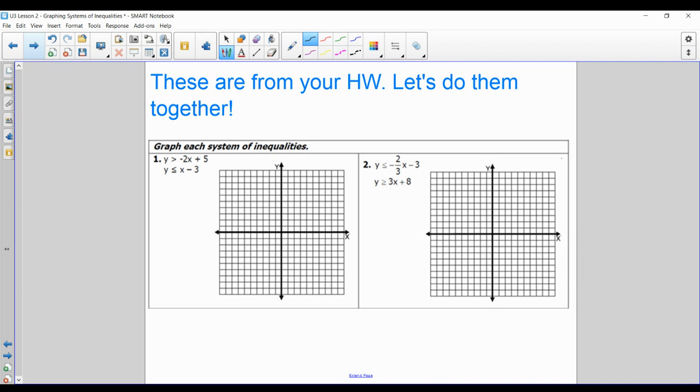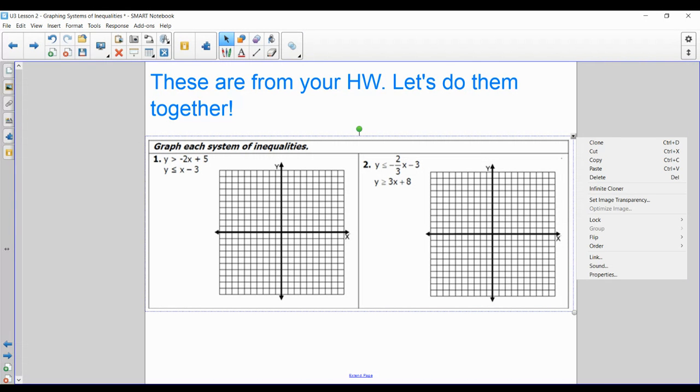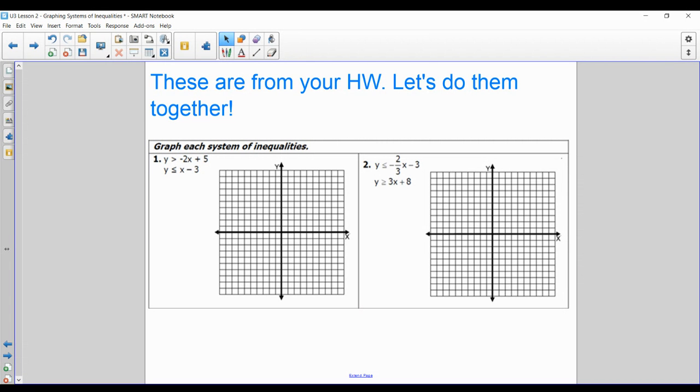Okay, now I'm going to show you, take a look at this. If I look at the first one in red, start at a y-intercept of +5.